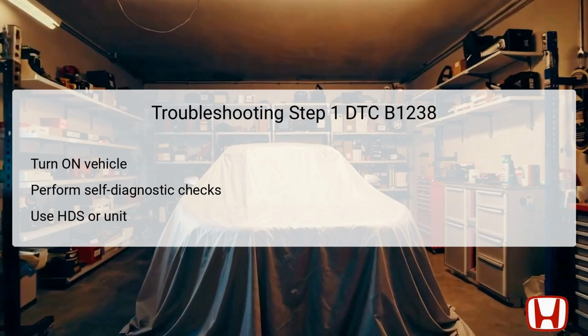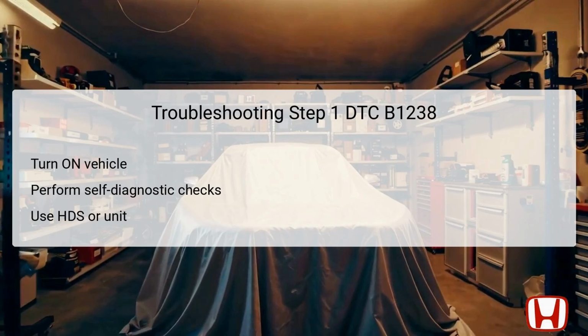The first step in diagnosing DTC B1238 involves preparing the vehicle for inspection. Begin by turning the vehicle to the on mode without starting the engine. This activates the necessary electrical systems for testing. The next action is to conduct a self-diagnostic function, which can be performed using the Honda Diagnostic System, HDS, or directly through the climate control unit.